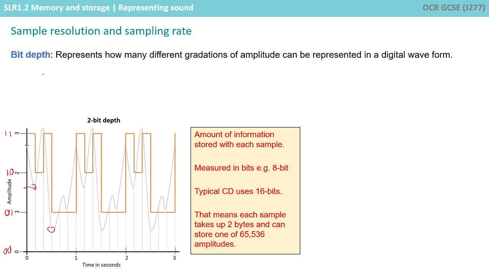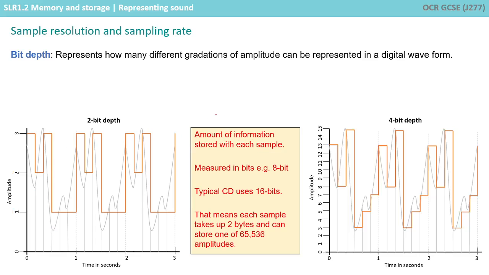So the bit depth represents how many different gradations of amplitude can be represented. In other words, how many different levels. If we increase it to a 4-bit depth, you can see we have a lot more points at which we can measure. Let's go back to this third sample here. On the 2-bit depth, it's measured as 1.